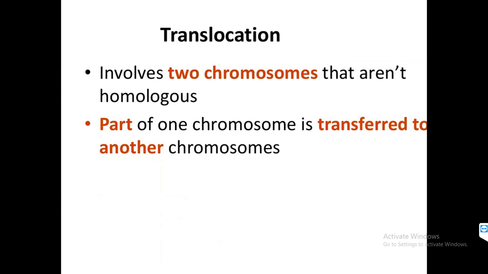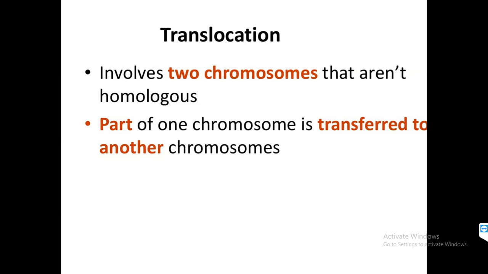Translocation involves two chromosomes that aren't homologous. What I told you about the homologous chromosome: homologous chromosomes are those chromosomes that are similar or completely the same in their appearance as well as in all their base sequences. So translocation can happen only in those that are homologous.